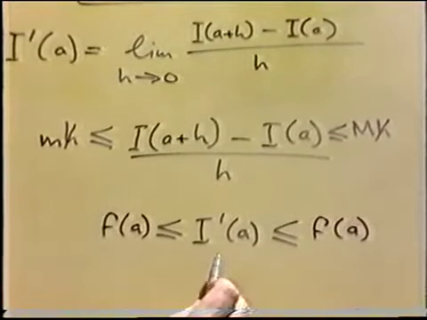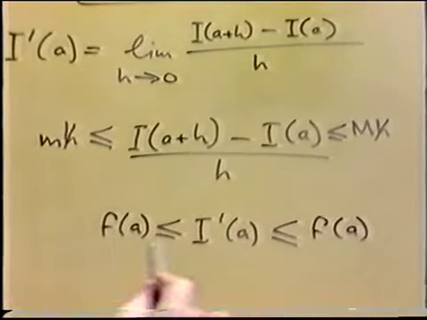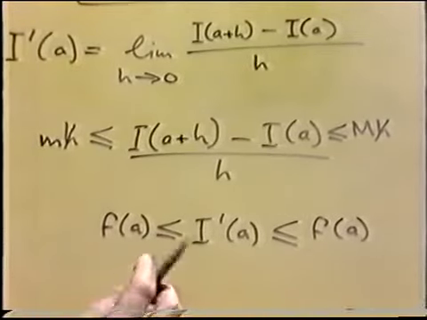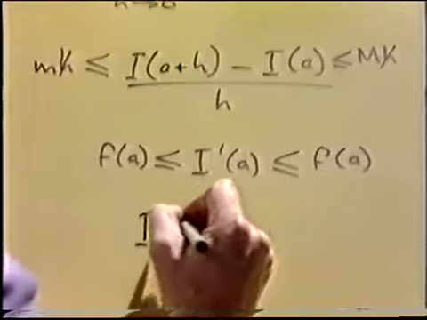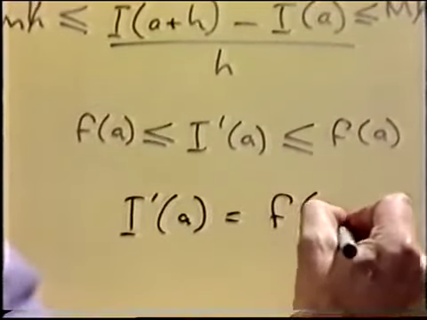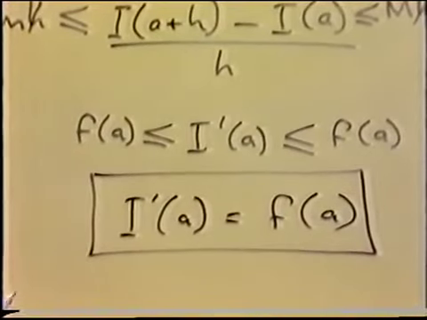So now I prime of a is sandwiched between f of a and f of a. And the only way that can happen is if I prime of a is equal to f of a. So the derivative of I is equal to f, as we wanted.